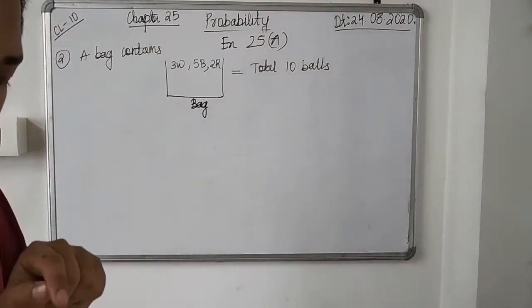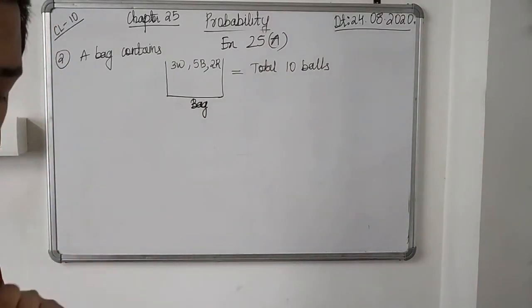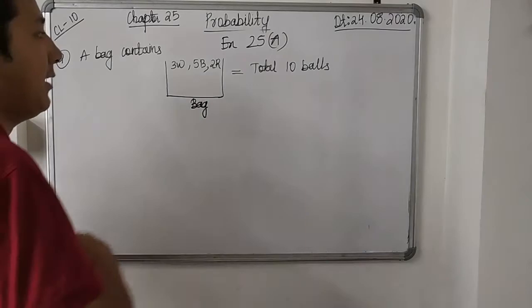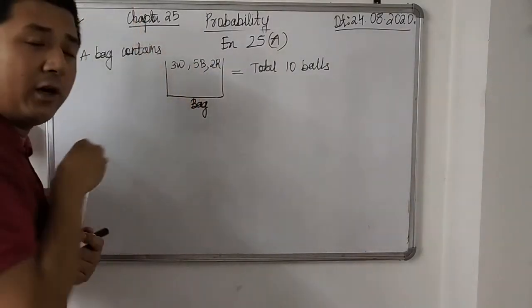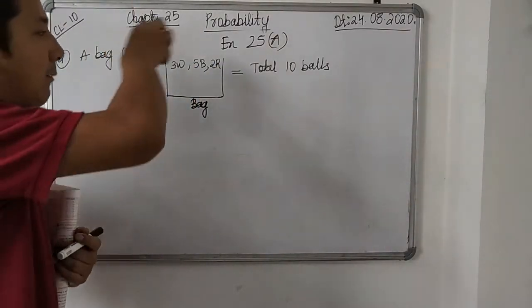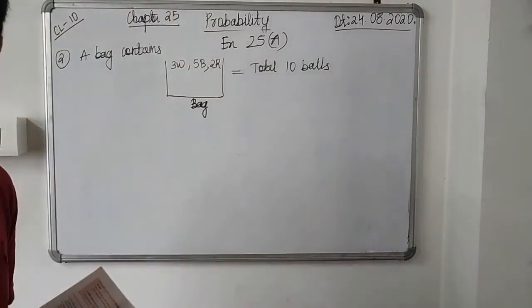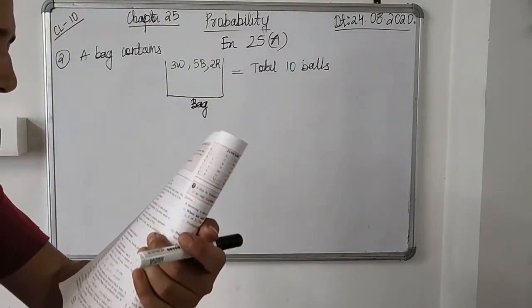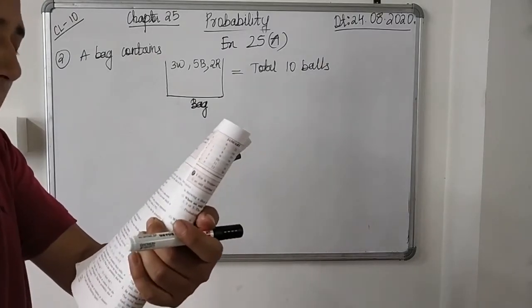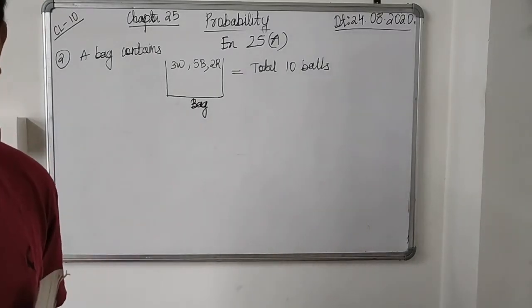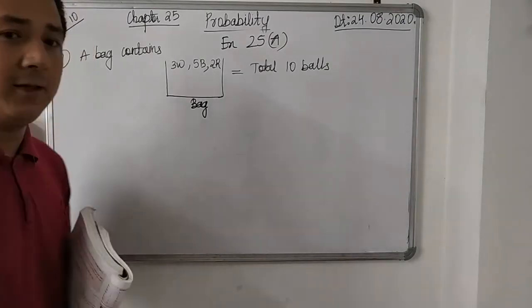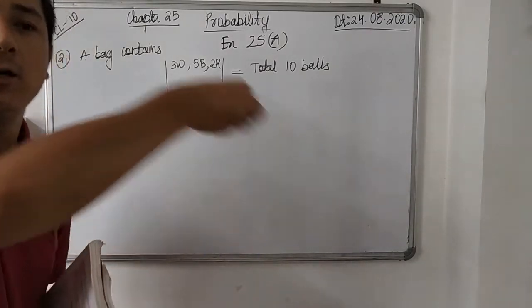Now a ball is drawn from the bag without looking into it. Out of these 10 different balls in the bag, I am drawing a ball of any color without looking into the bag. The question is asking you, find the probability that the ball drawn is of black color. What are the chances of getting a black color?